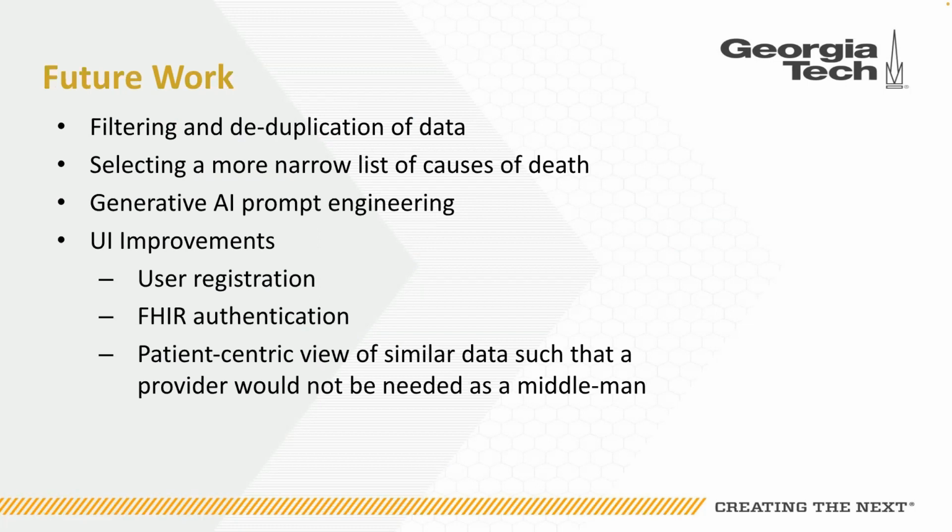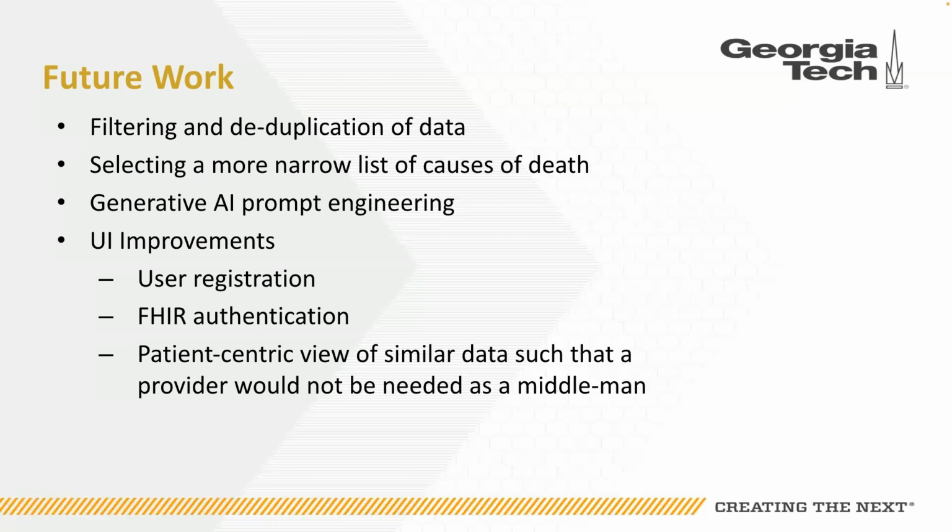We found that even with the limited set of 113 causes of death, there were some duplicates, as in, we had more specific subsets of diseases included that we had to aggregate together. So additional filtering and deduplication of that data would likely result in better quality results, including selecting a more narrow list of causes of death.